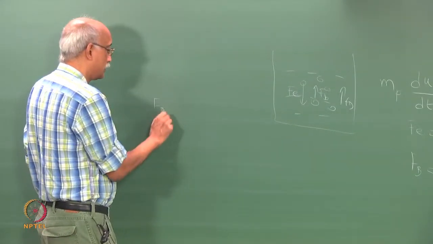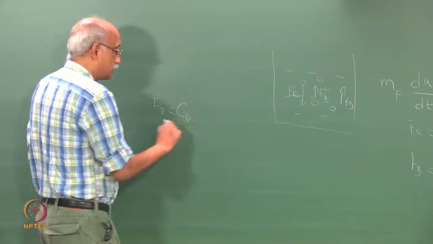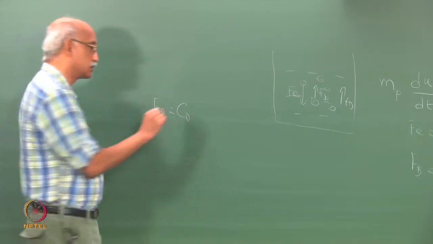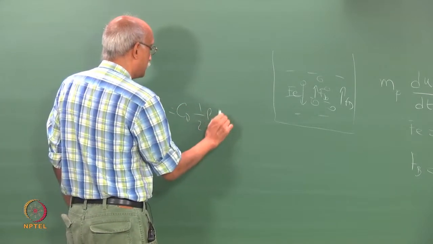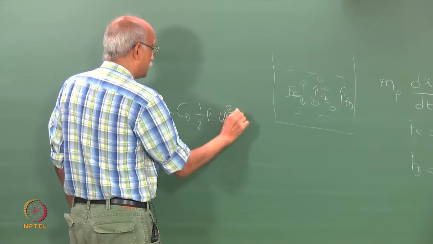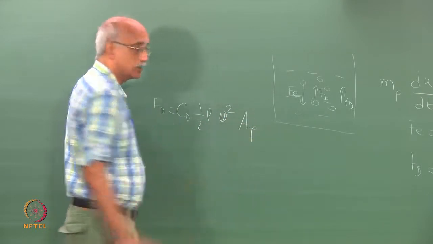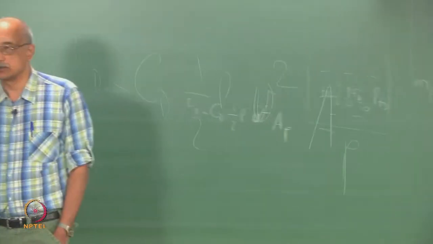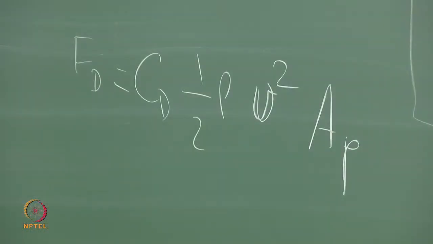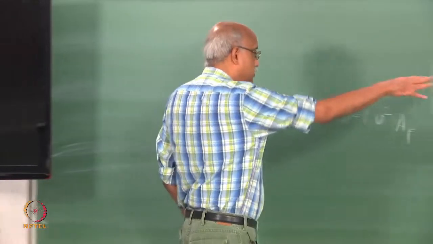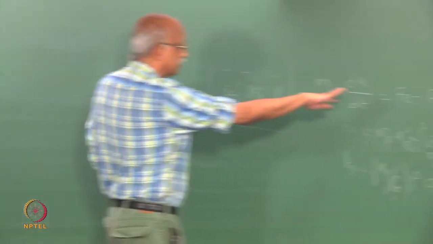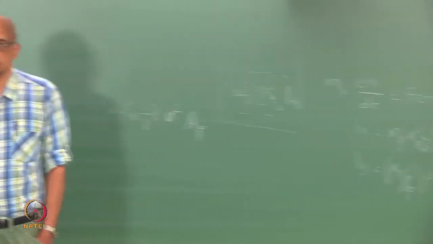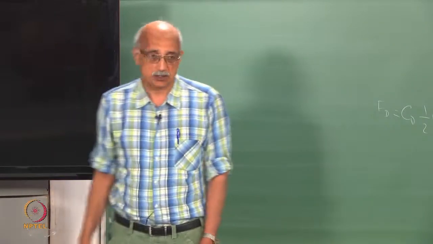And finally, the drag force. Of course, the drag force is written in terms of a drag coefficient times half rho u squared times a projected area of the particle that's perpendicular to the direction of the flow. And so you substitute all this into the main equation and you can get a general expression for the flow dynamics of a particle.